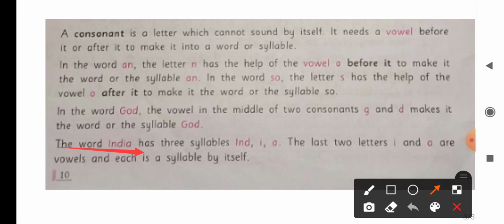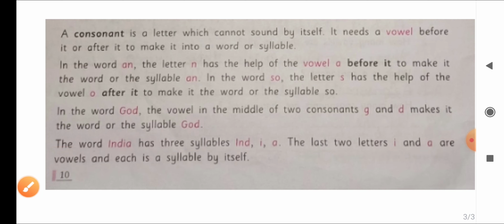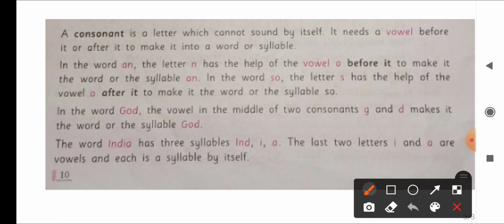The word India has three syllables. Ind, I, A. The last two letters I and A are vowels and each is a syllable by itself. Now see here, what is the word here? India, isn't it?